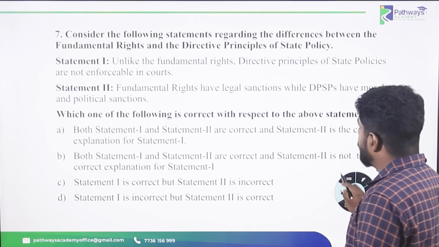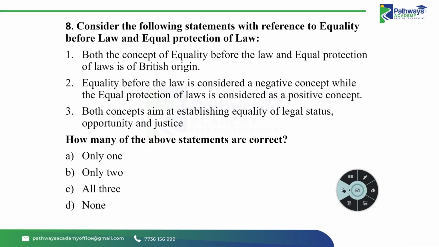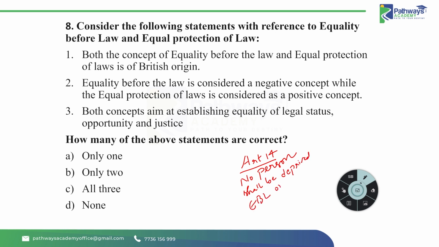Now, the next question, the eighth question. Consider the following statements with reference to equality before law and equal protection of law. Very good. We are going to speak about Article 14 of the Indian Constitution. Article 14 says that no person shall be deprived of equality before law or equal protection of law within the territory of India.